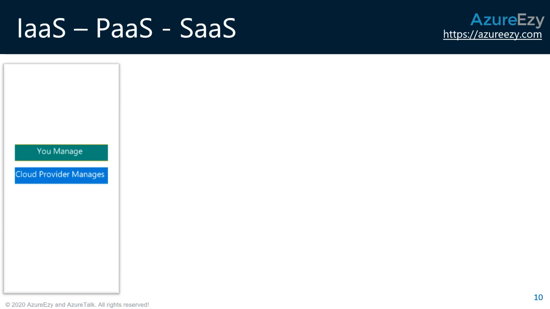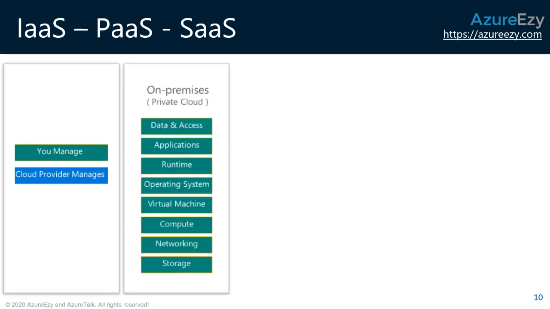Before cloud, we were already using various services provided by the IT infrastructure team of our organization, and that was, or is, called on premises. Nowadays on-premises workloads are also going through transformation, and we will be talking about what exactly private cloud is. But if you are handling everything, then it is on premises.